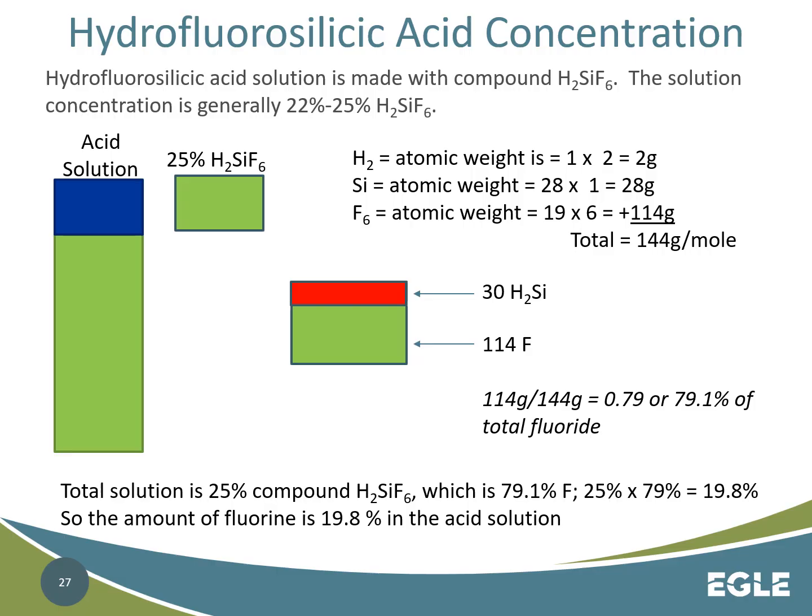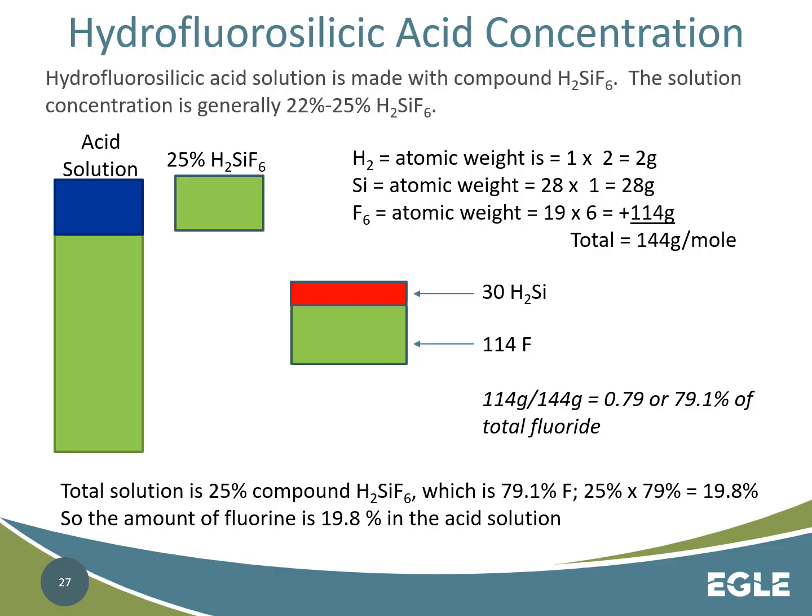So if we want to find how much fluoride we have in a solution, we would first multiply the weight of the solution by 25% to get our pure hydrofluorosilicic acid. Then we multiply again by the percent to find the pure fluoride weight in that solution.